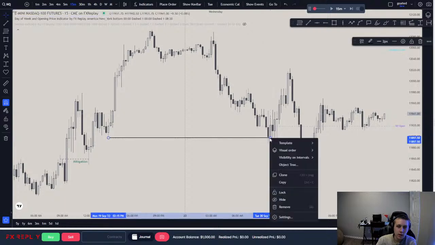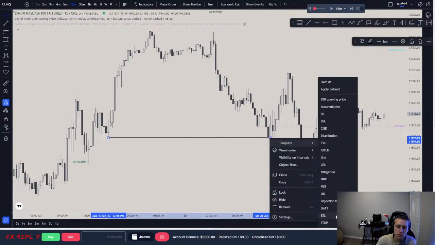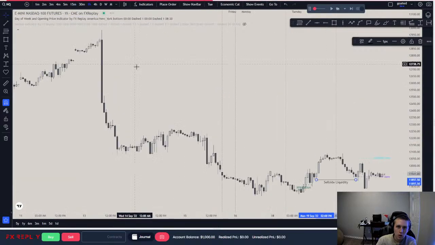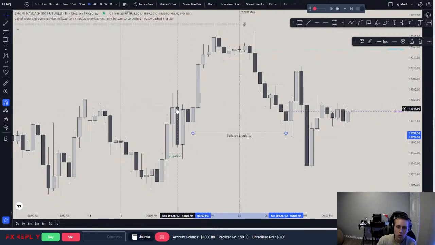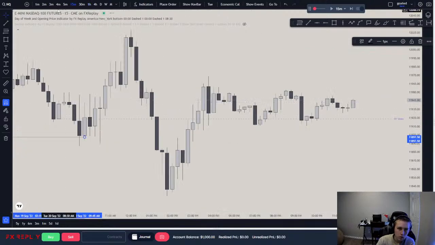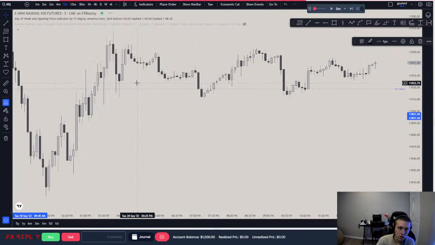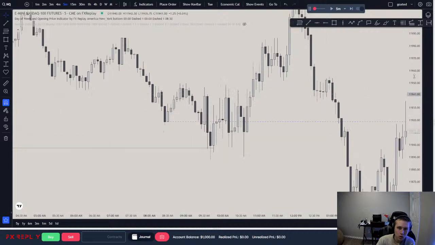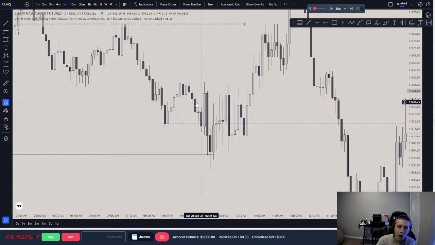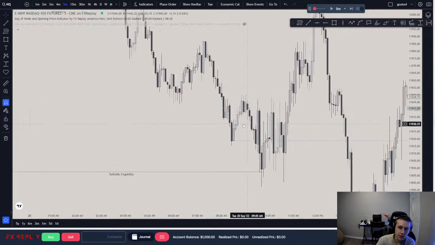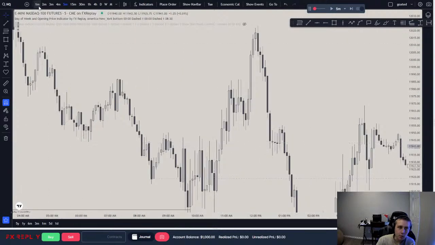Alright, sell side taken within imbalance. Wow, very static market open.